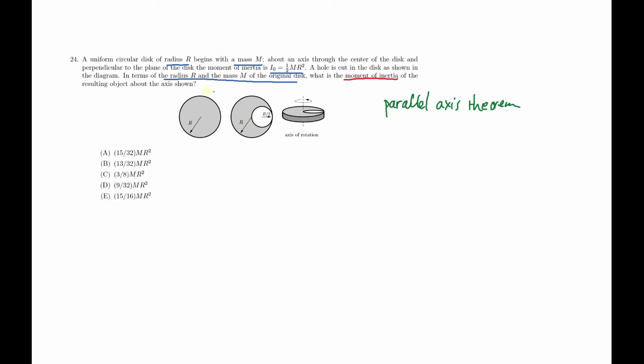So to solve this, I'm just going to first write down the very key equation. The moment of inertia for this figure can be calculated by the full circle's moment of inertia, I full disk, minus the cutout region, cutout disk.